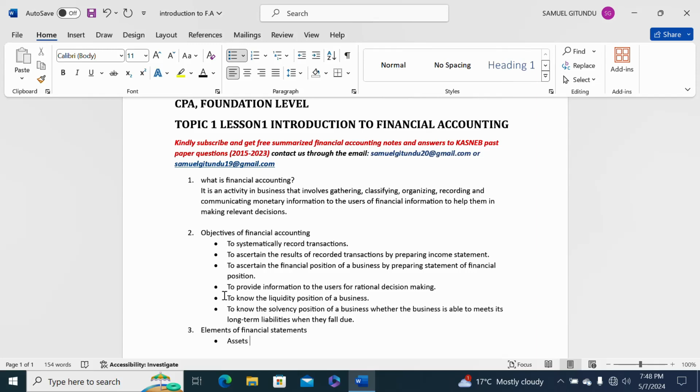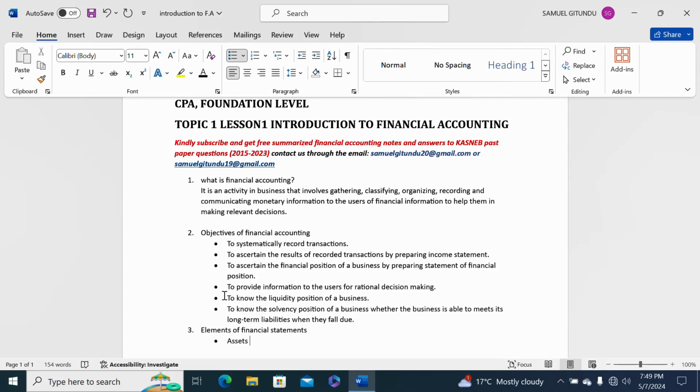Then we have current assets. Current assets are assets which the business usually holds for a period of less than 12 months. For example, we have trade receivables; the business usually expects to collect those trade receivables within 12 months.